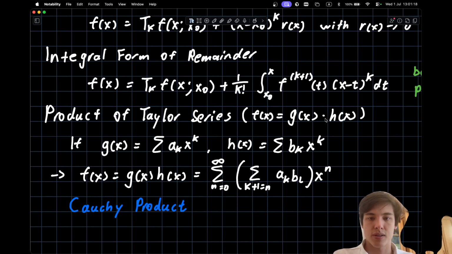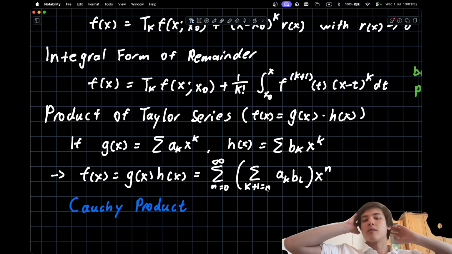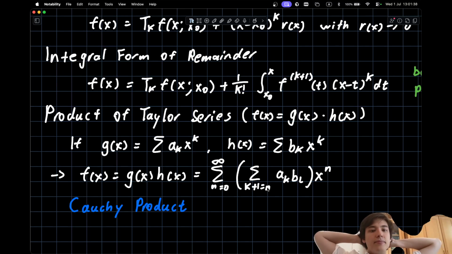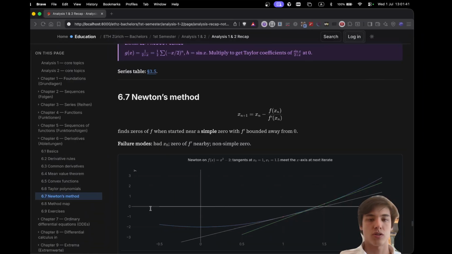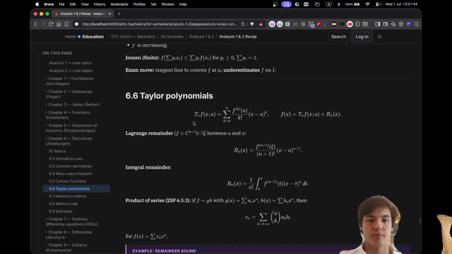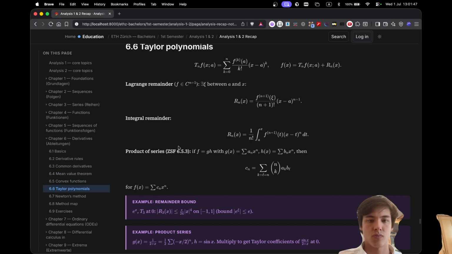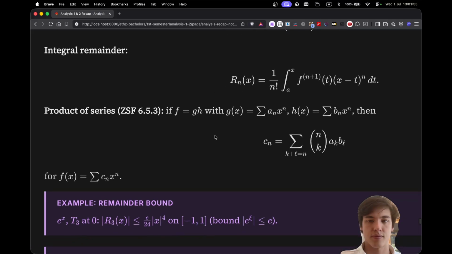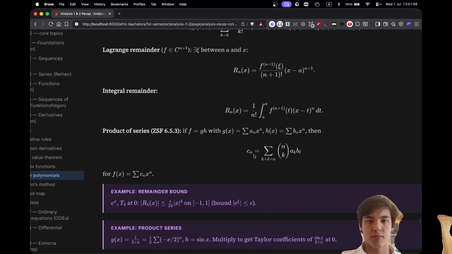We have G times H. If G is this and H is a series, then the product is the sum over n of this times this, times x to the power of n. That's the Cauchy product, the product of series.